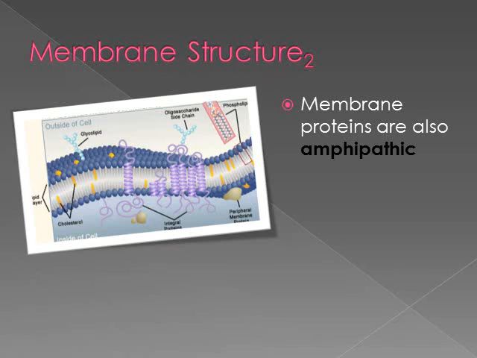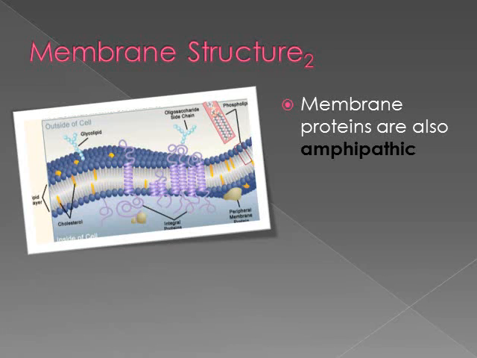You can see the coiled part of them is running through the hydrophobic region of the bilayer, and the more loosely curled pieces are running through the hydrophilic heads and then out into the fluids on either side of that cell membrane.